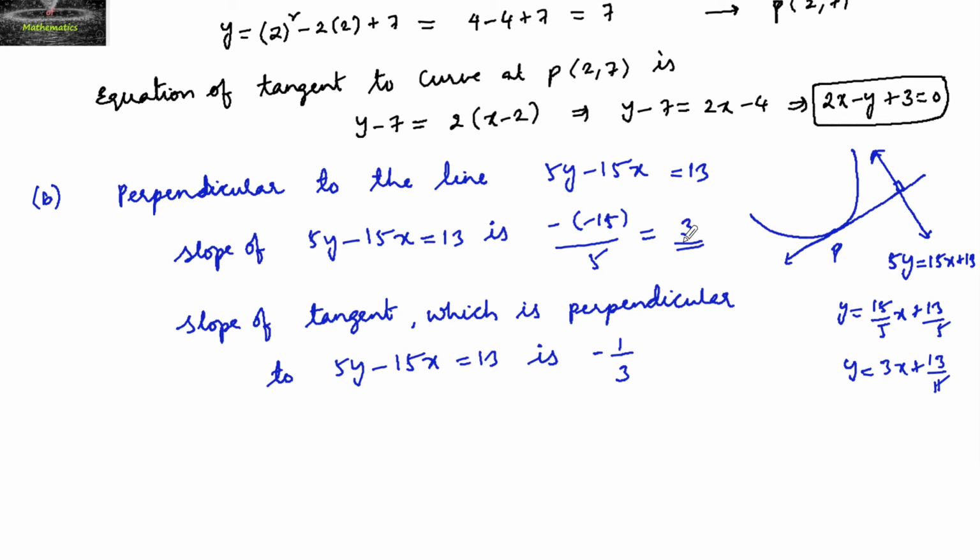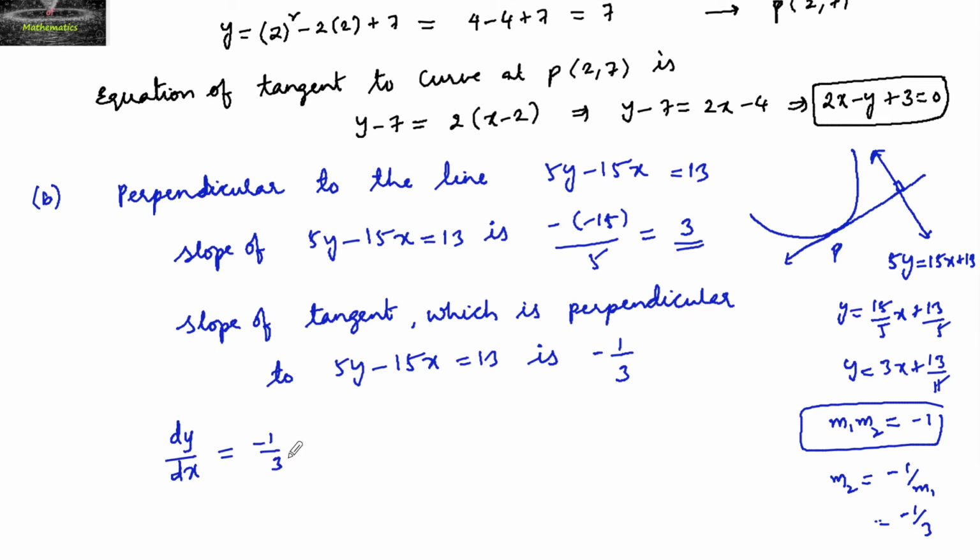Since the slope is 3, we have the relation m1 m2 is equal to negative 1, so m2 is equal to minus 1 by m1, or minus 1 by 3. Therefore dy by dx is equal to minus 1 by 3.